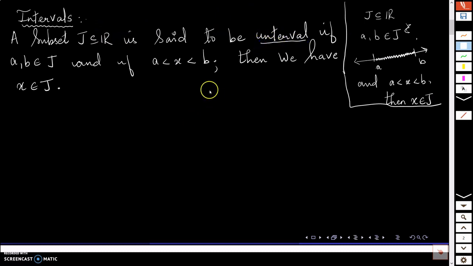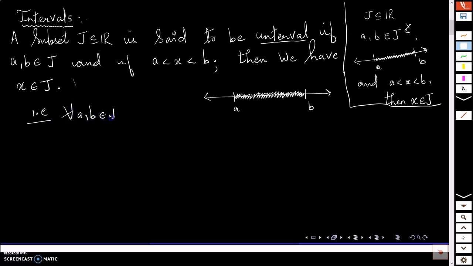So if I draw it here, supposing I have my set J here, and if I pick up any 2 points A and B in J, then each and every point which is lying in between A and B should also come in J. And this should happen for any 2 points A and B in J. No matter which 2 points in J you pick up, everything between those 2 points should also come in J. Such a set is said to be an interval in R. Using quantifiers, how will I write it?